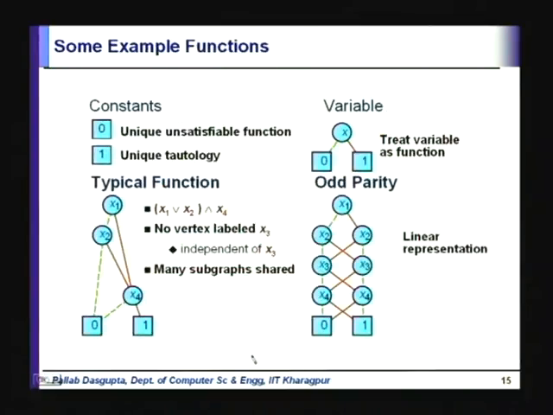Now, let us see the BDDs for some typical functions like x1 or x2 and x4. This is a BDD for that, right. So, you see that if x1 is high and x4 is high, then we take this path, right, x1 x4, then it is 1.